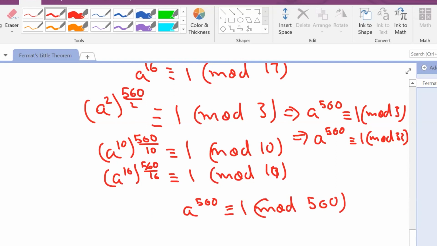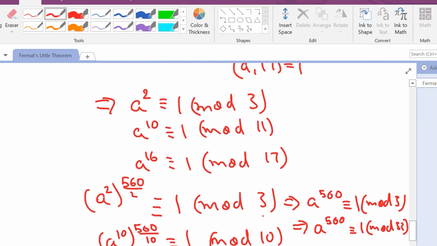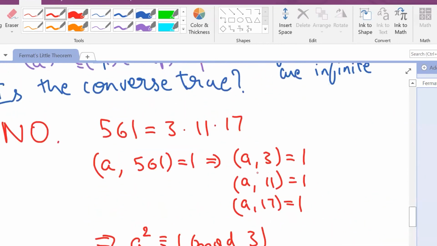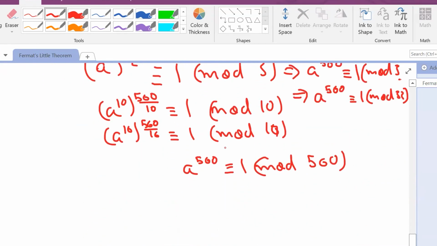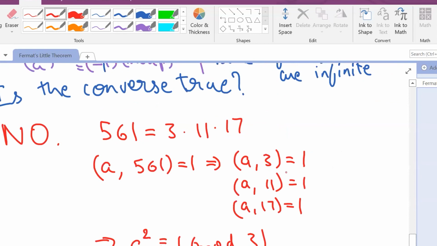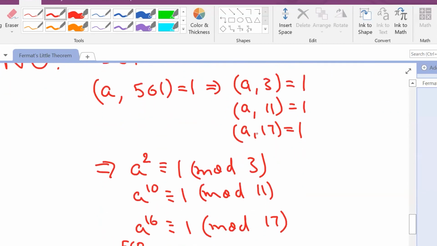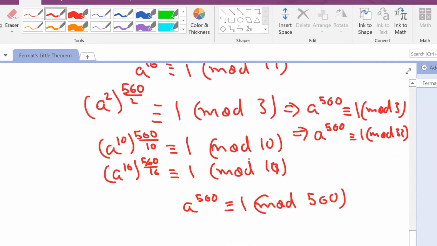What we have essentially shown is that if a and 561 have a GCD of 1, then a to the 561 minus 1 is congruent to 1 mod 561. We've shown this.